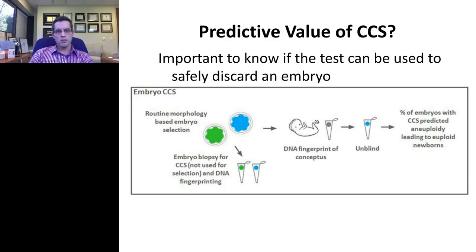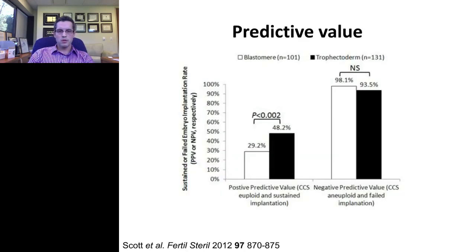So for any embryos that implanted and we could obtain DNA from the conceptus, we then compared to figure out which of the embryos actually made the baby. We could then go back and ask whether or not our SNP array-based screening methodology successfully predicted the actual clinical outcome. And one of the most important measures we obtained from this was the negative predictive value.